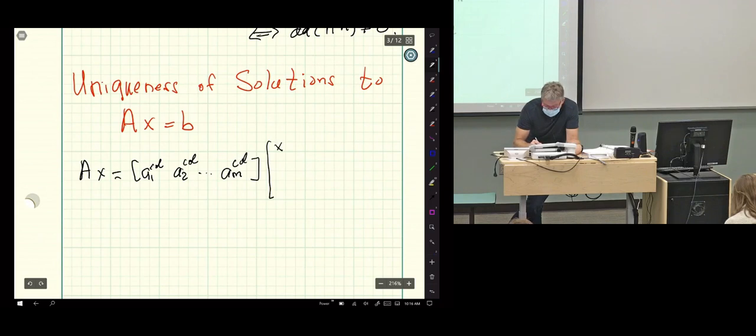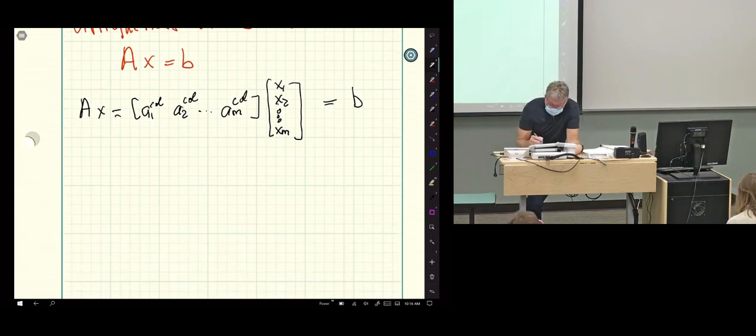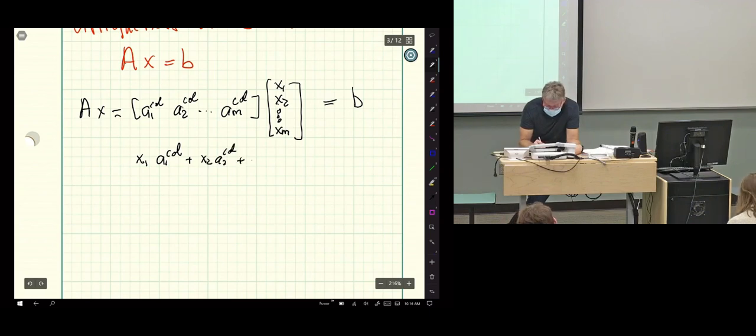And then we write out the components of X: X1, X2, dot, dot, dot, XM. And that's supposed to be equal to B. And so then what we really have here is X1 times A1 column, X2 times A2 column, dot, dot, dot, XM times AM column equals B.